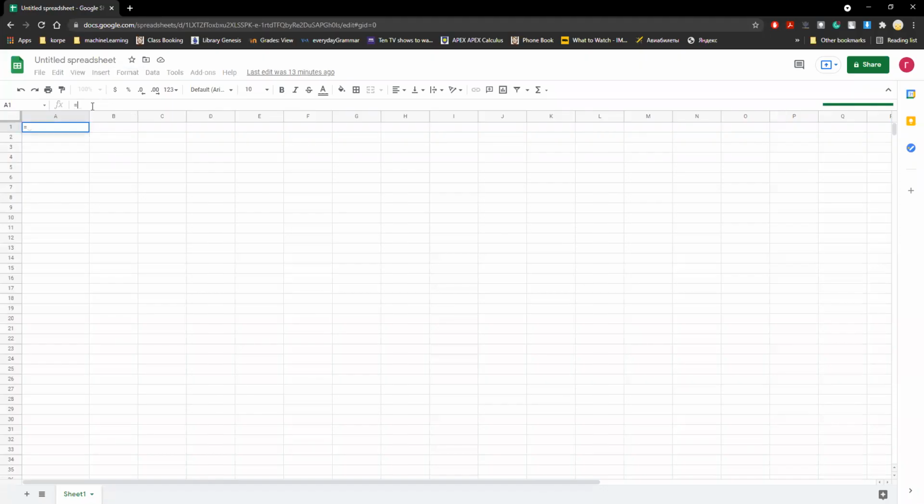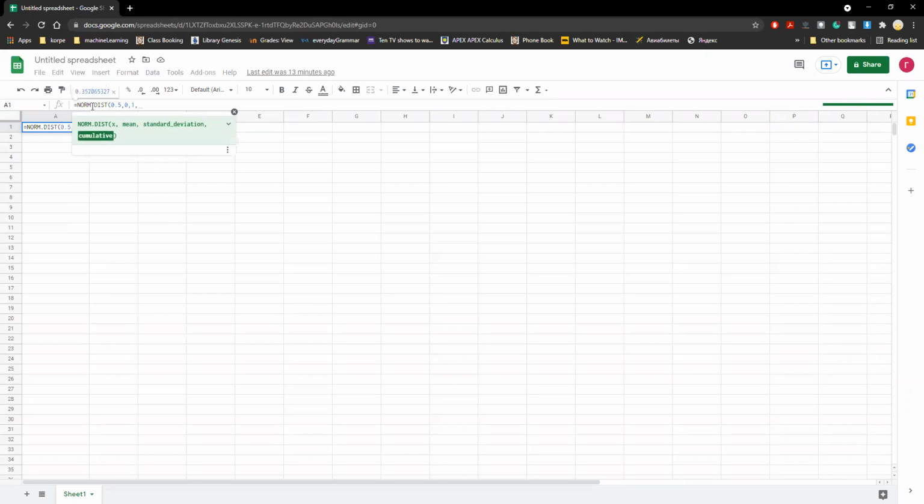So the function for spreadsheets for normal distribution is norm_dist. There are a couple of functions, norm_dist and norm.dist. There is no difference between these two. Now we need to find the probability that z is less than 0.5. For x, we put 0.5. Mean, we put 0. For standard deviation, we put 1.